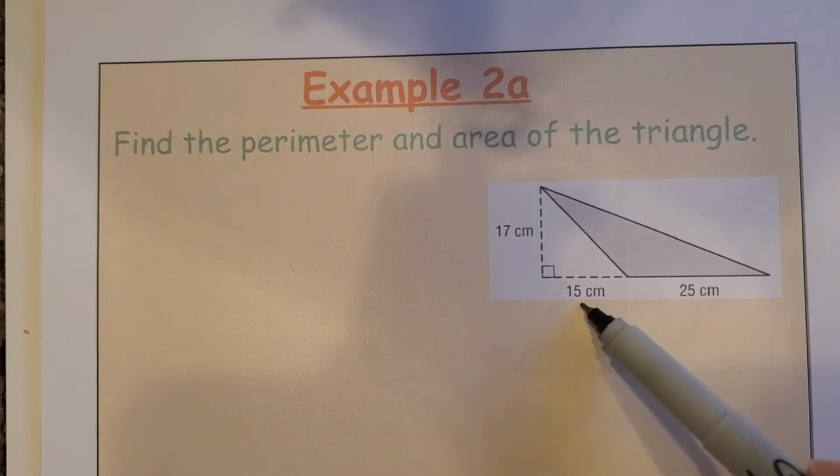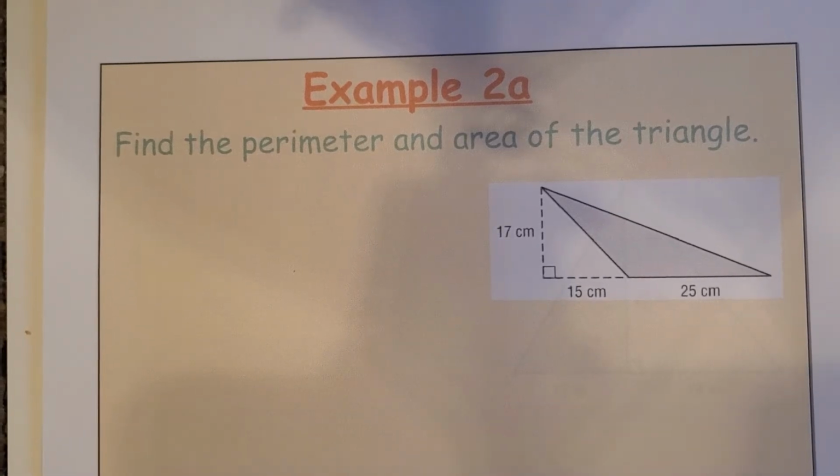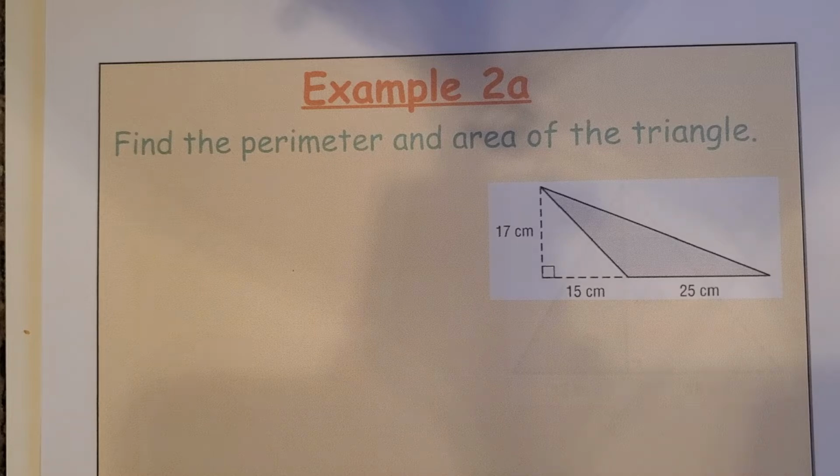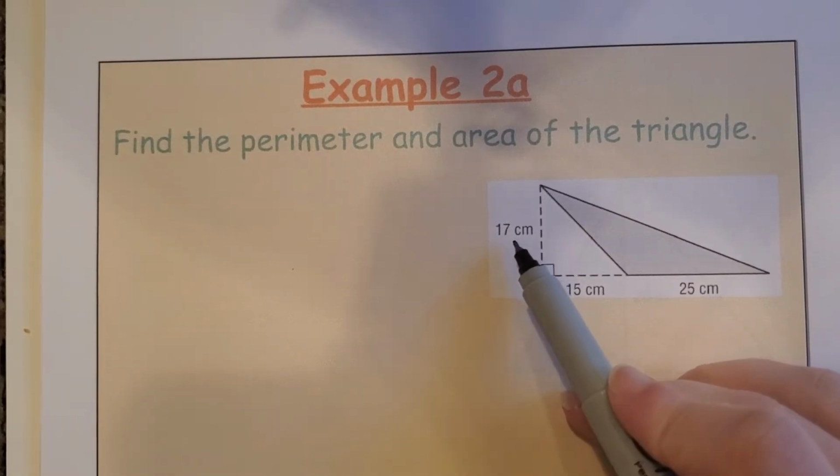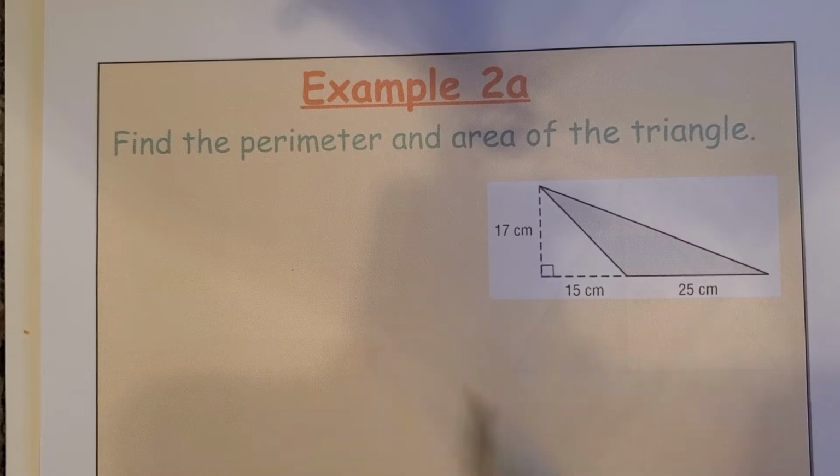And two, even though this is 15 and 17, when we talk about the 8, 15, 17 triple, as I'm sure you remember, the hypotenuse always has to be the longest side of the triangle. So in an 8, 15, 17 right triangle, the hypotenuse would be 17 units. That's not what we have here. 17 is a leg.